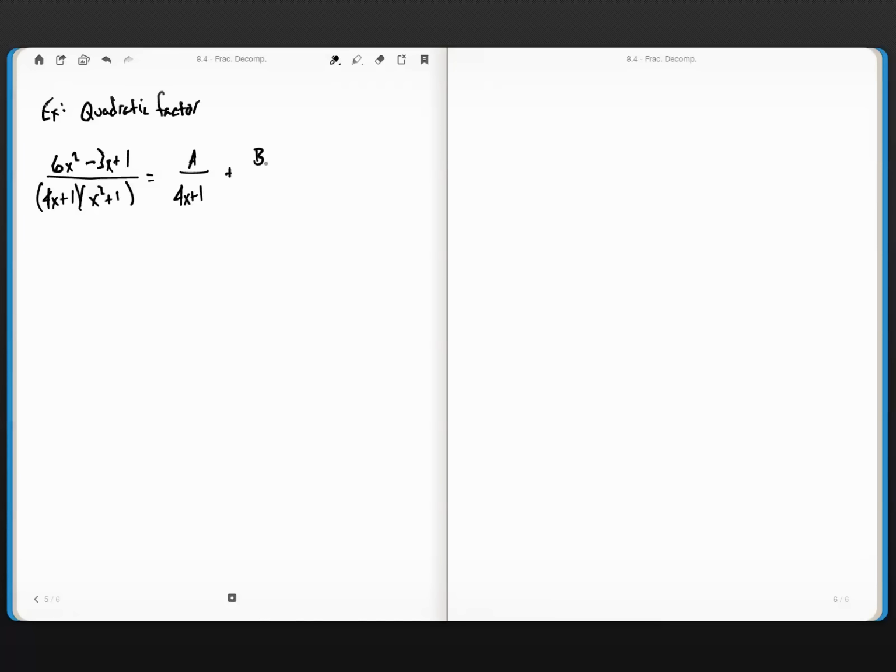We're going to say if it's quadratic on the bottom, it's linear on top. So we'll call that bx plus c. And then the bottom here is x squared plus 1. Okay, and now the process becomes very much the same. We'll multiply through by this, so that cancels out, so I get 6x squared minus 3x plus 1 equals a.